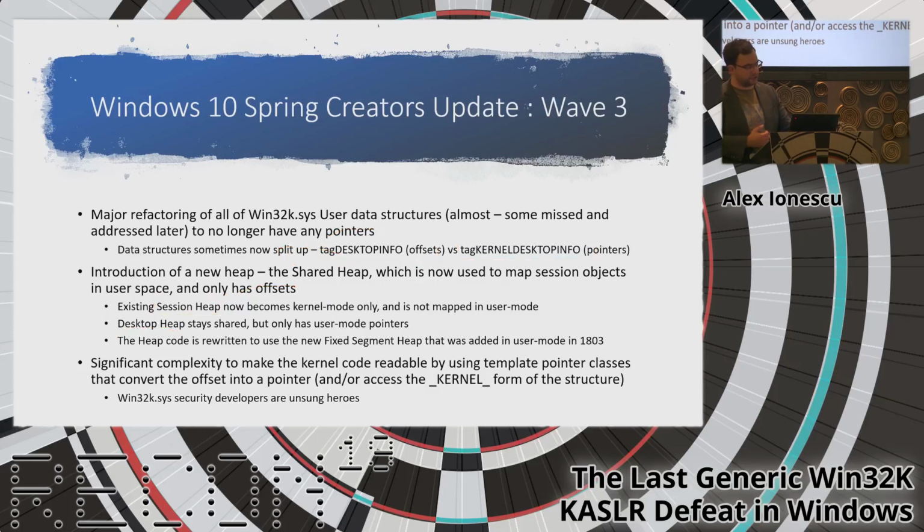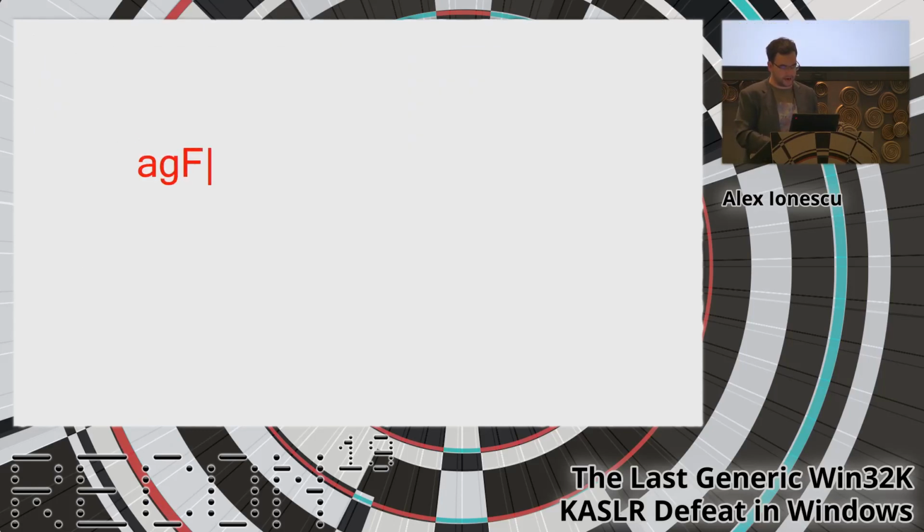Now, you can imagine the code becomes pretty hard, because it must now mean that everywhere inside Win32K.sys, they're doing additions of offsets, additions of offsets, additions of offsets. So a kind of cool thing they did is, thanks to C++, they basically used template classes to create template overrides of every single pointer dereference to a structure that's potentially shared with user space, and to basically make the arrow operator do the offset, so that you still think you're doing tag foo arrow p foo, but internally this is an offset now.